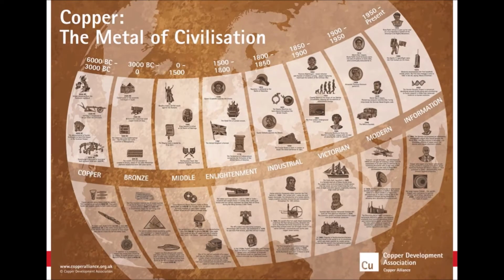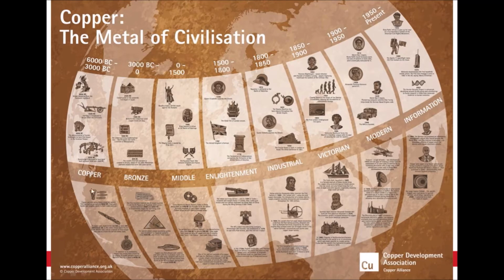Basically, copper has been used by human beings since a very, very long time ago. As you can see, the history of copper being used by humans began about 6,000 to 3,000 BC, before the century.